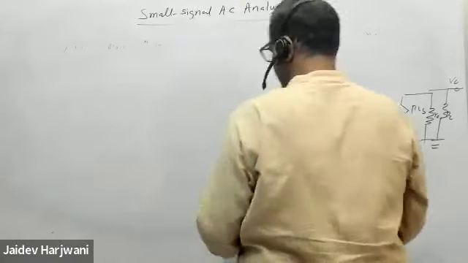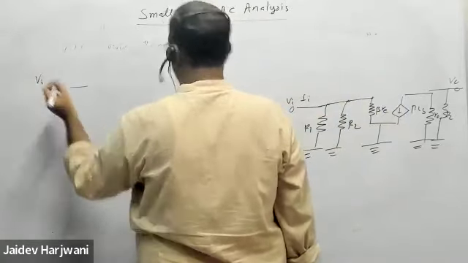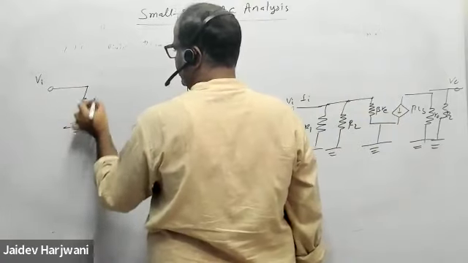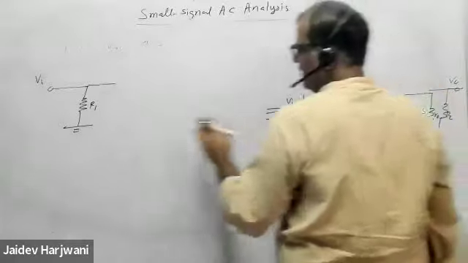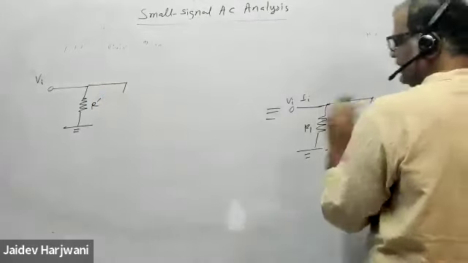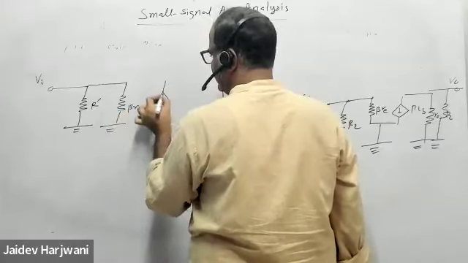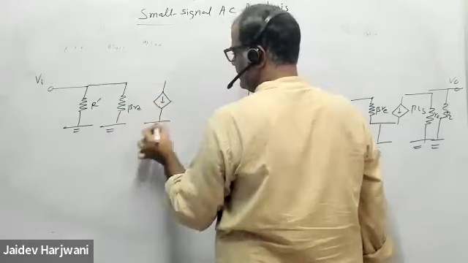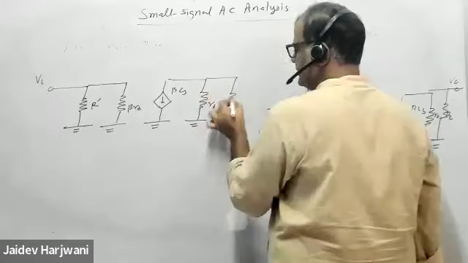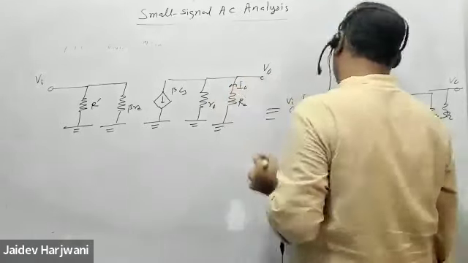So now this is V input, R1, and now R1 and R2 I am writing as R dash combined, and now this is directly beta RE, and here you are directly source beta IB, and here you have the same circuit R0, RC. Here I0 is coming and here V0 is coming.